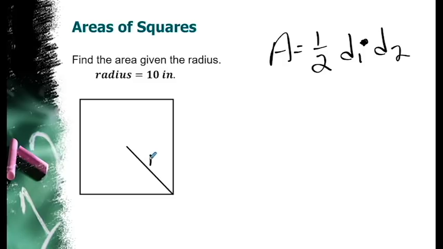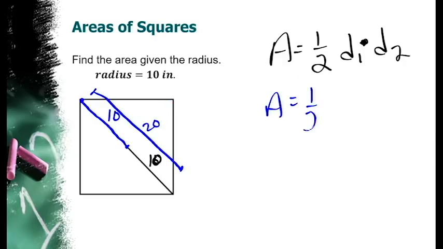If this radius here is 10 inches, that means the radius from here to the other corner is also going to be 10 inches, which gives us the full diagonal length of 20 inches.